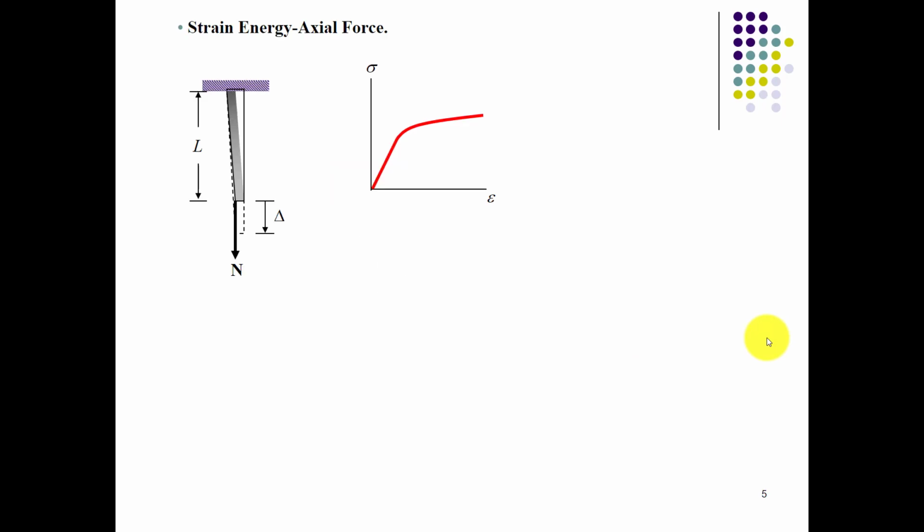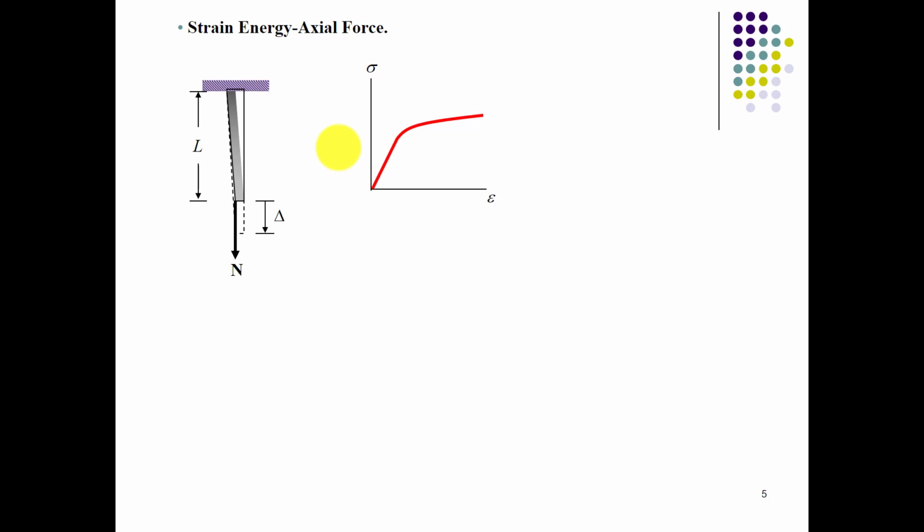If we talk about the internal work done, which is done by the structure in response to that applied loading, we have a bar element with the length L, and the force acts upon it, whose value is N, and there is a deformation delta. If we draw the stress strain diagram, basically the stress strain diagram is the internal response of the structure to the external loading.